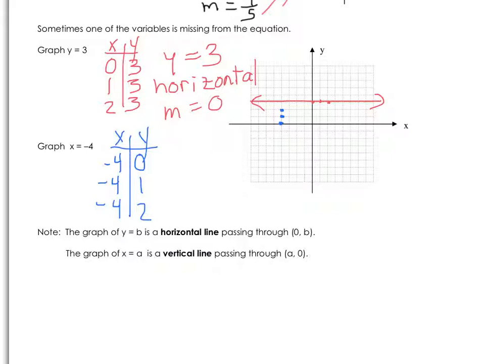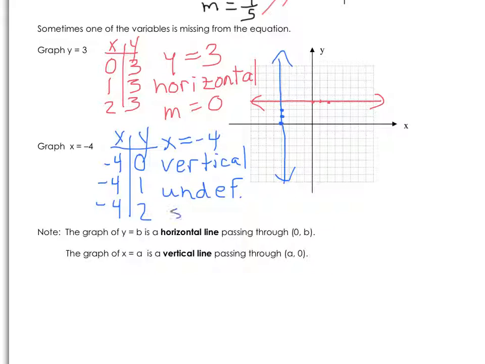All those points line up. That's a vertical line. X equals negative 4 is a vertical line. And remember, vertical lines have undefined slope.